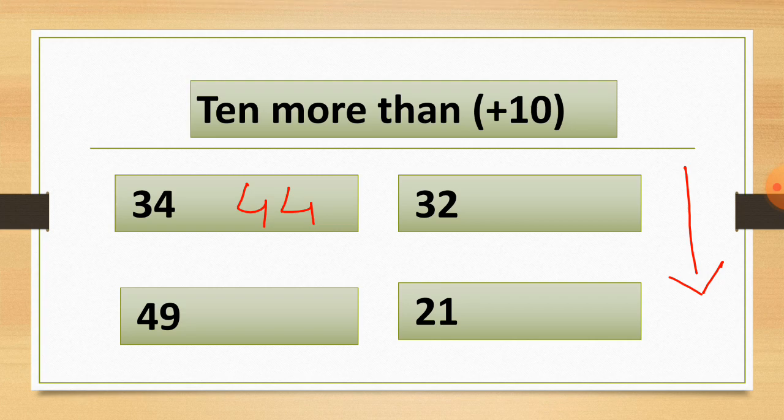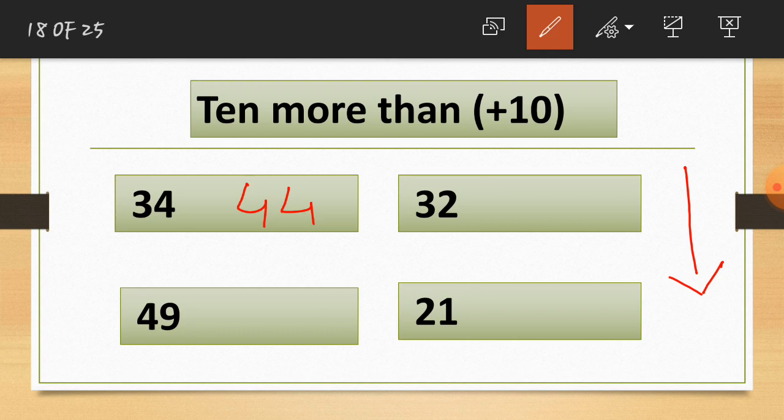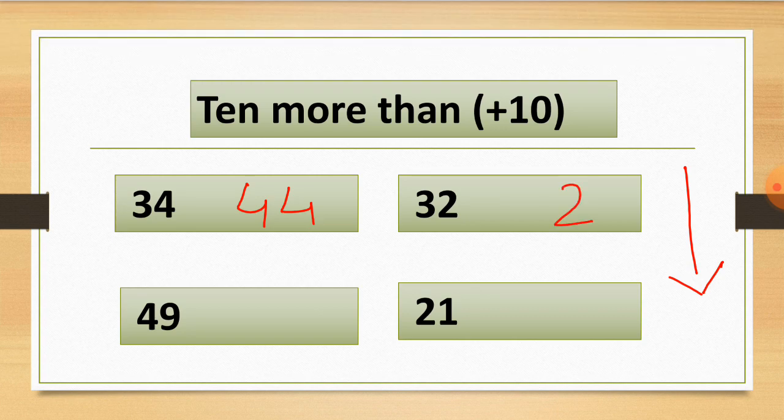And now in the next sum we are using the shortcut method as I told you. Here also, whenever I add the numbers, the changes will not come in the ones value. So I write this ones value as it is here. The ones value is 2, you can see. The changes will come in the tens value which is 3.